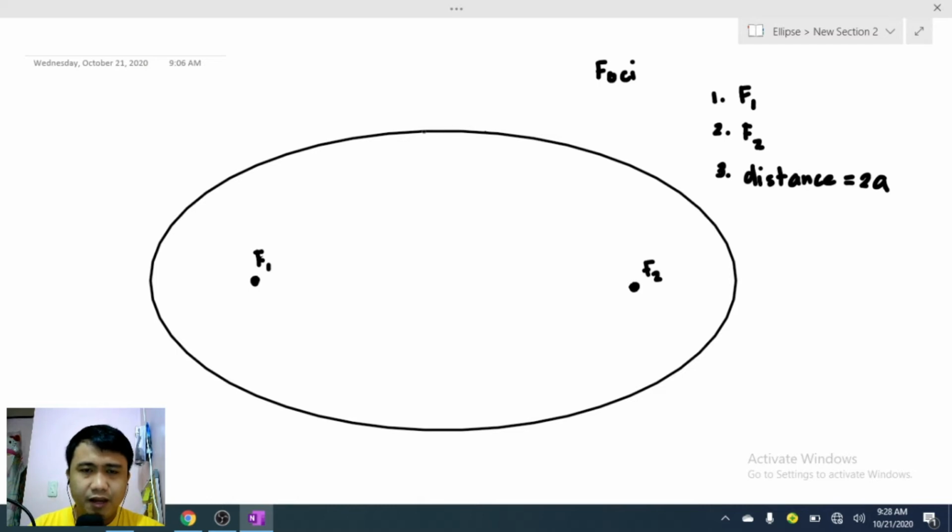Just for example, alam naman natin that ellipse composed of these points. Kukuha tayo ng isang point. Ito, point P. We're going to connect P to the focus 1, and i-connect natin si point P dun sa focus 2.